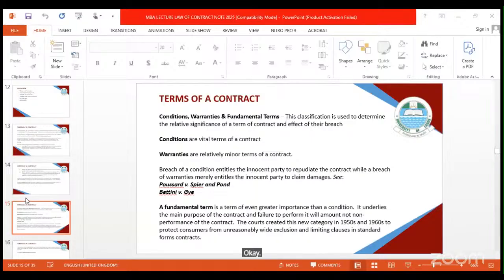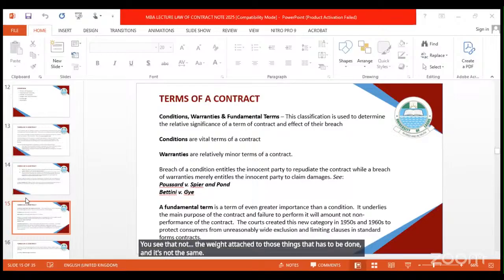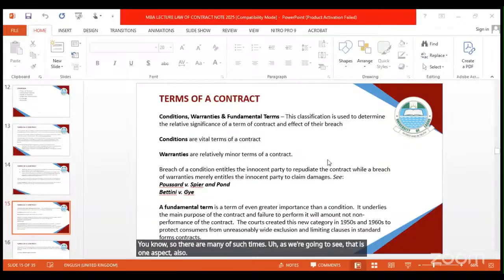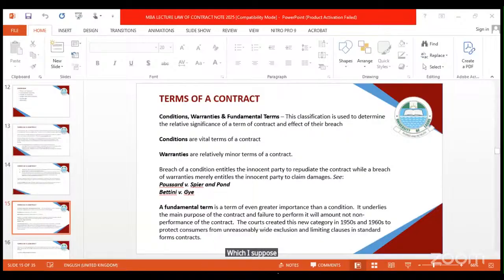Okay, thank you so much. So at least you could all see, those that are reading, that even though the contract has so many things to be done, the weight attached to those things is not the same. And that's the point we're making when it comes to evaluating the terms of contracts. There are many such terms, as we're going to see. That is one aspect which I expect you to pay attention to, as businessmen and women.